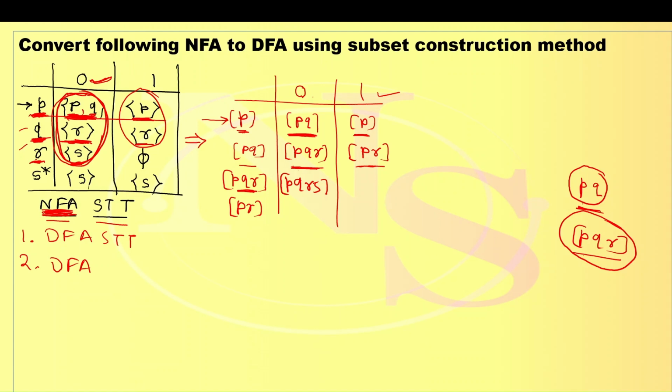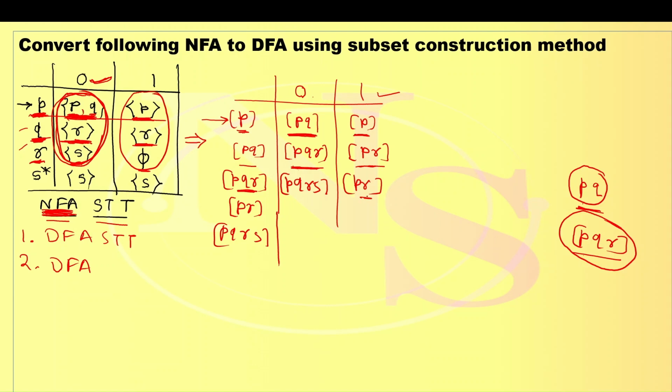Similarly, PQR on reading 1, where it goes, that we need to combine. P on 1 goes to P, Q on 1 goes to R, R goes to null, nowhere. We can combine this: PR, phi means nothing, so PR only. So PR, this is one subset. What are the new subsets or states of the DFA here? PQRS. So I'm writing here PQRS.